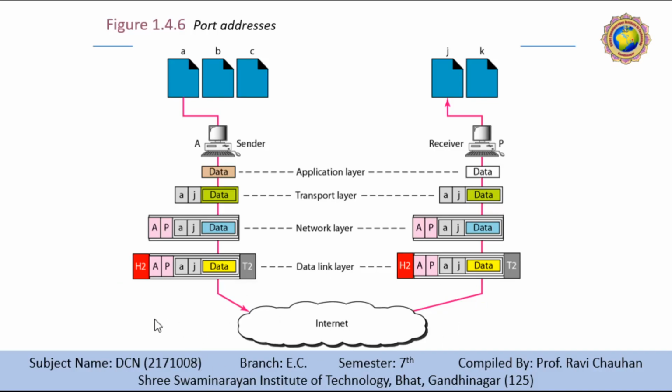Note that although the physical address changes from hop to hop, the logical and the port addresses remain the same from the source to the destination. There are some exceptions to this rule, which we will discuss later in this course. So process A can communicate with process J with this port address architecture.